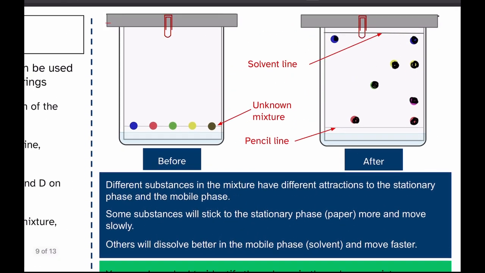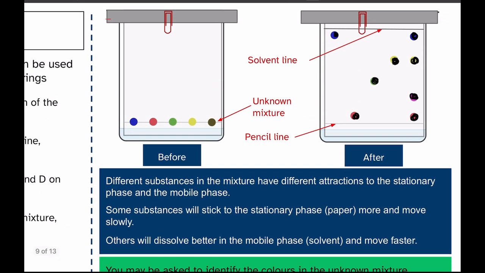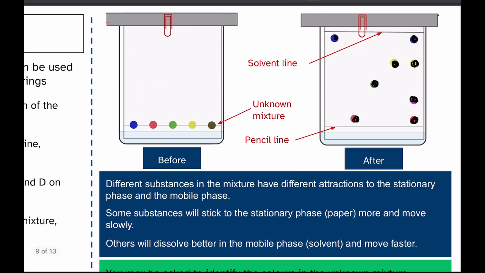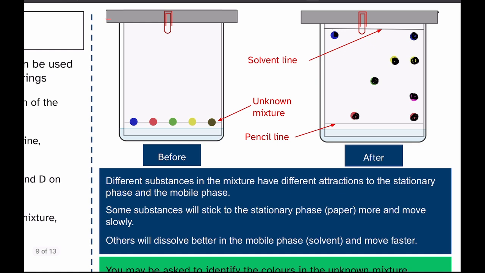So what are they going to ask you? Well, the first thing they're going to ask you is to identify the colours. That's very easy to do. We need to know this thing called Rf value. Every colour has a specific Rf value. It would move a certain distance during this practical.